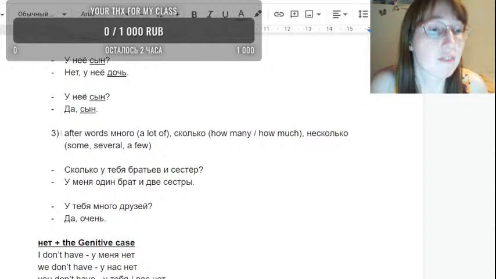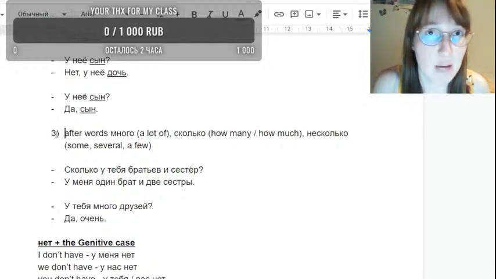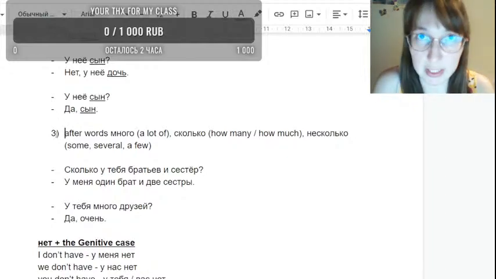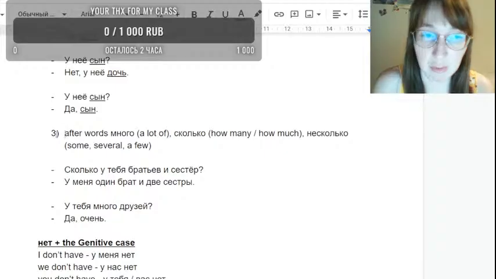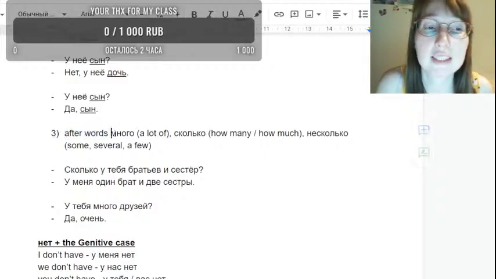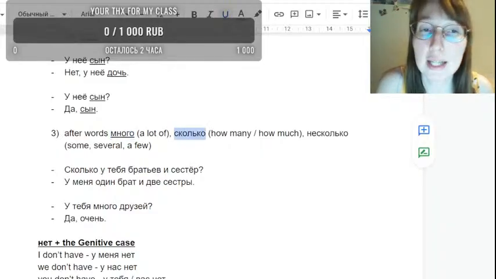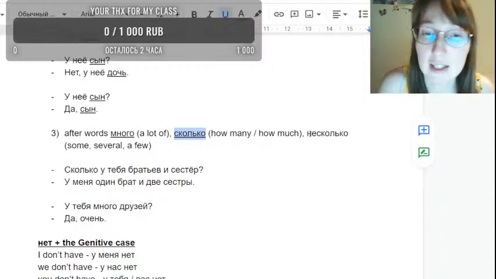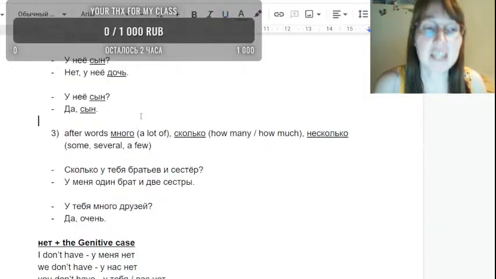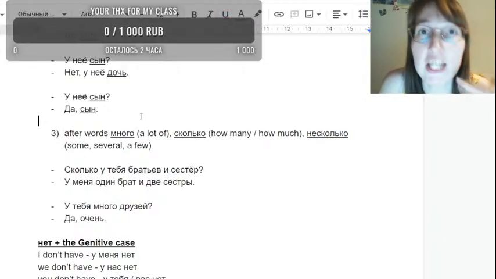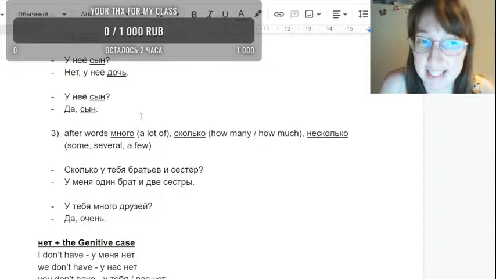I added the third item about not using the word есть. Exactly after these words like много, a lot of, сколько, how much, how many, несколько, some, several, a few. After these words, we don't use есть.